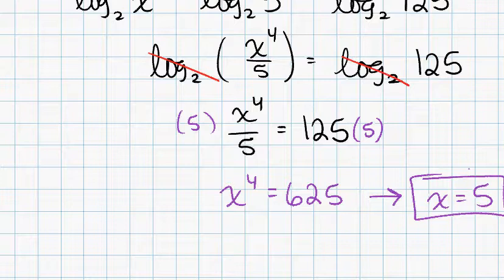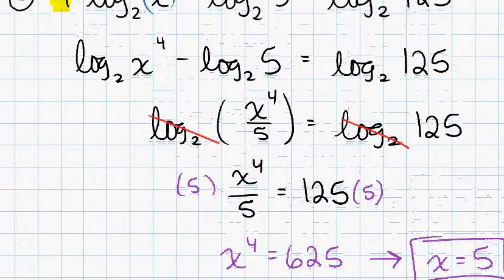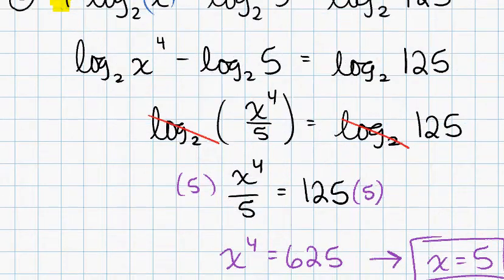There was a second way to do this problem, and some of you probably did it. So if you back up to this step, I know a lot of you like to get x by itself right away, and this is awesome. So you could have, at that step, added over the log base 2 of 5.